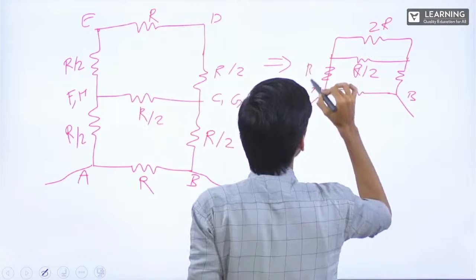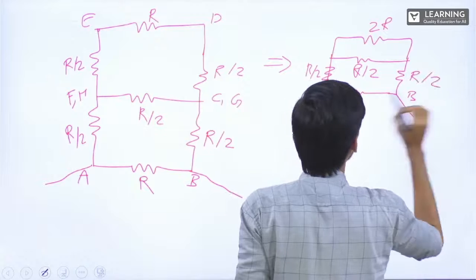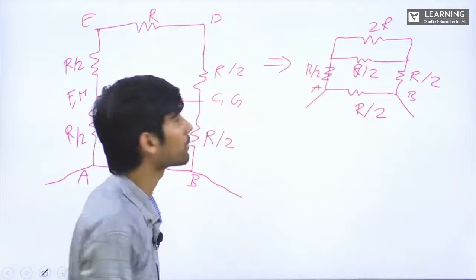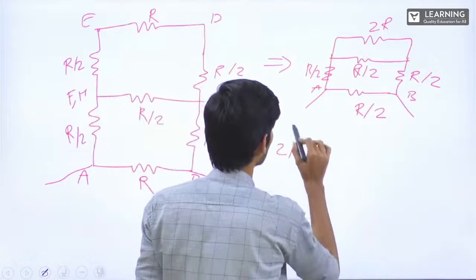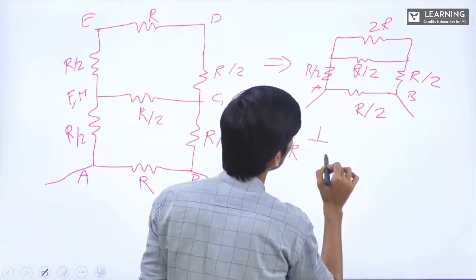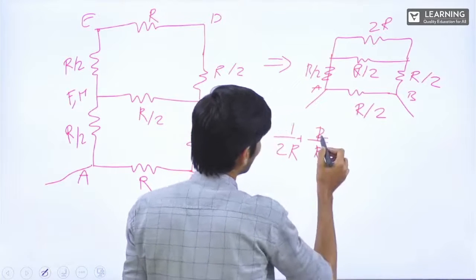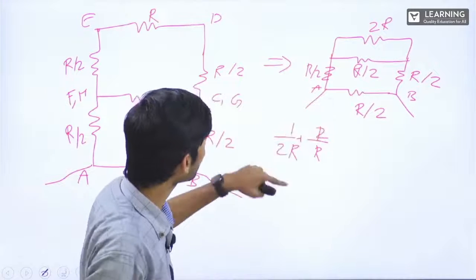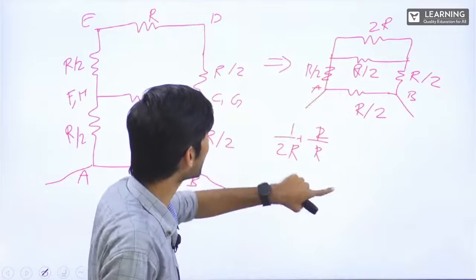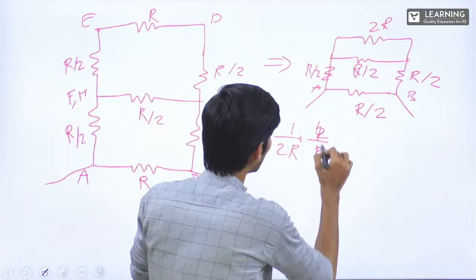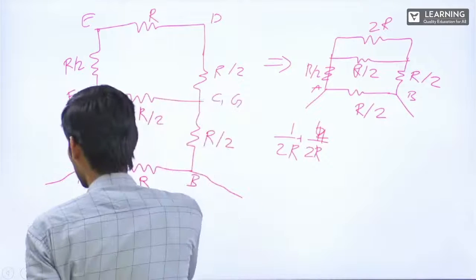This is R by 2, this is R by 2, this is R by 2. These two I'll solve, 2R and R by 2 in parallel: 1 upon 2R plus 2 by R. So this will be 4 by 2R, and 4 plus 1, 5 by 2R, so 2R by 5.